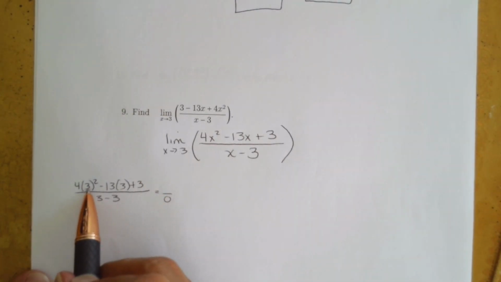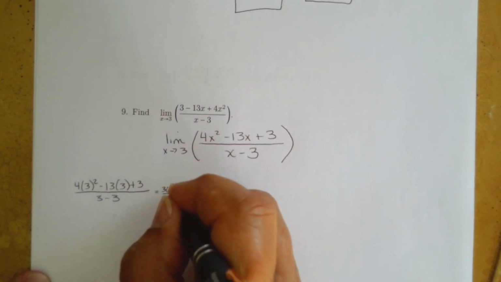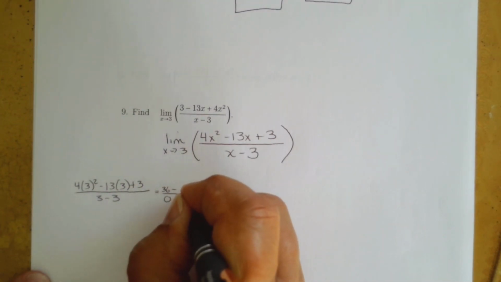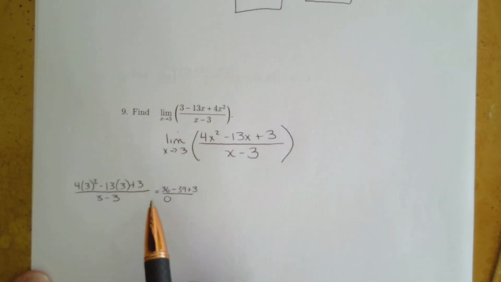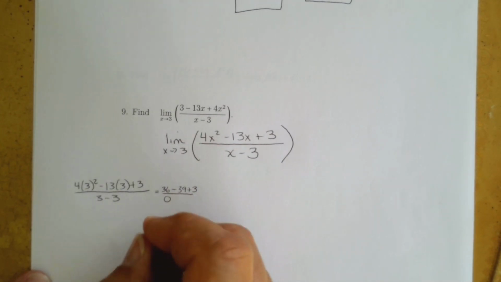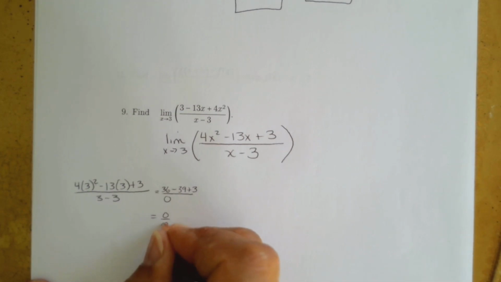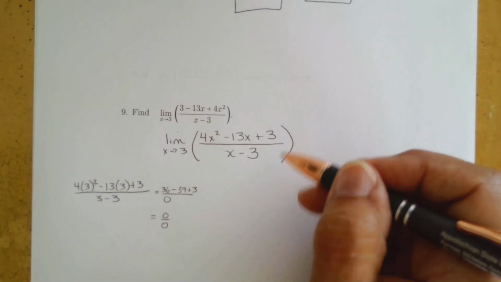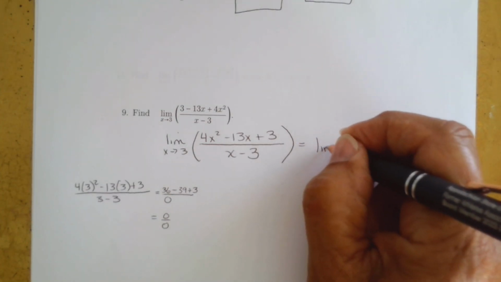All right, so I've got 3 squared, which is 9. 9 times 4 is 36, minus 13 times 3 is 39, plus 3. So 36 minus 39 is negative 3, plus 3. So I am getting indeterminate form, which means I can factor this. Okay, I'm going to be able to factor this and simplify it. All right, so let's factor.